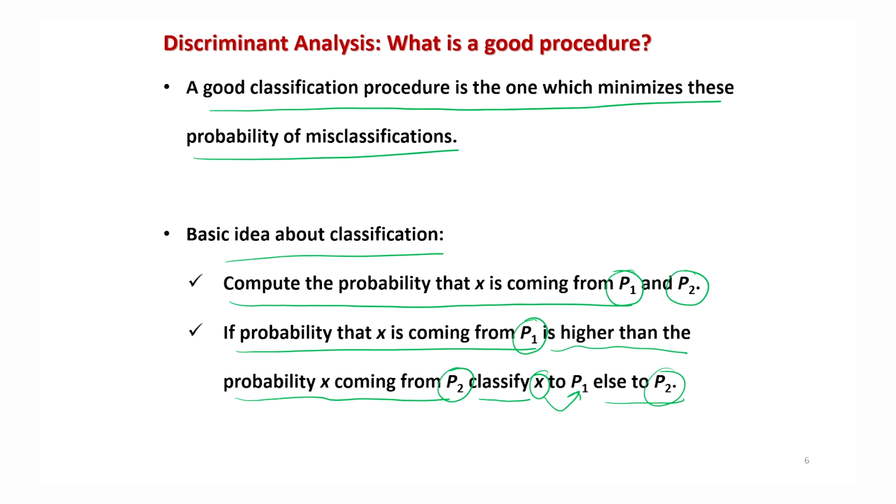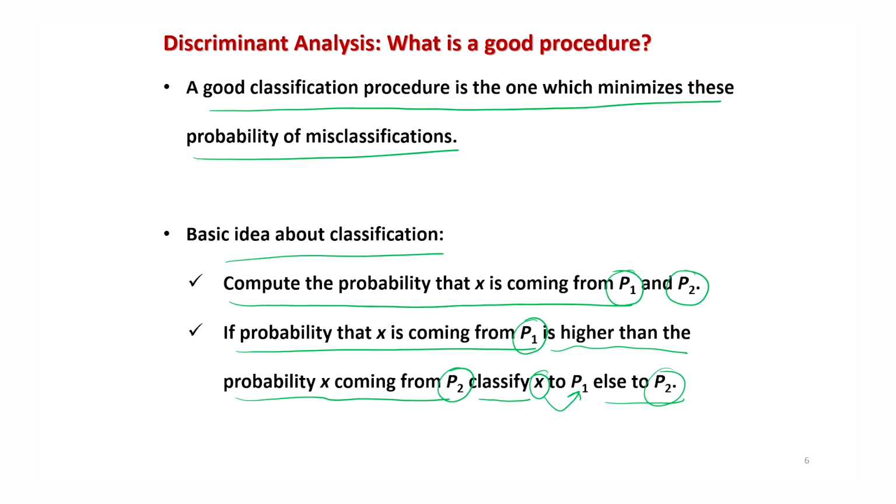That is, if you get a student whom you want to classify as having a mathematics background or a biology background, you simply take some tests on mathematics and biology, and based on that you see if the scores in mathematics are much higher than the scores in biology, then you decide that okay, the probability that this student belongs to the mathematics background is much higher than the probability that the student belongs to the biology group, right?